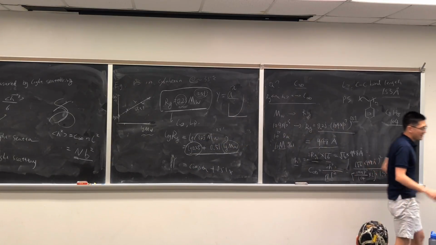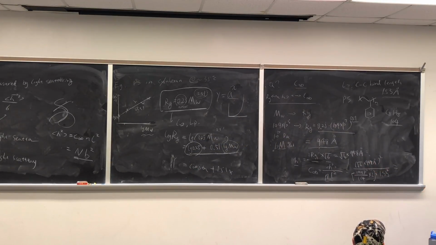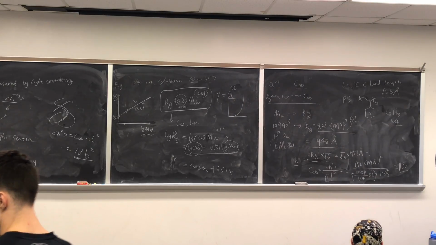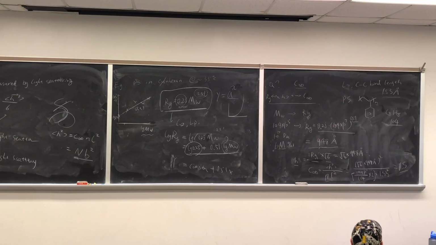If you do all the math, and I did it for you, if you calculate everything, this will be around 11.5. So what this means is the characteristic ratio describing polystyrene in cyclohexane is quite rigid, definitely on the rigid side.